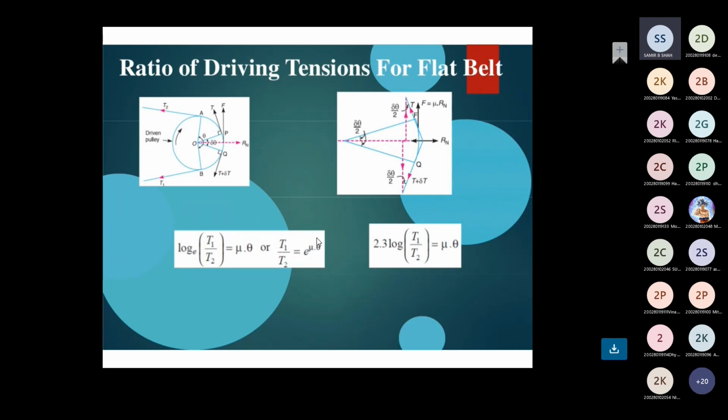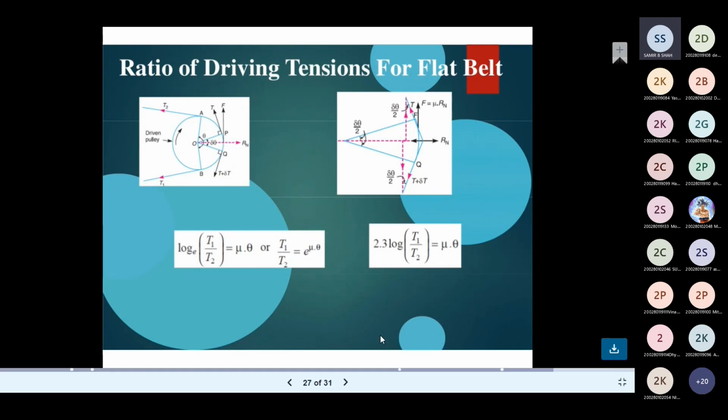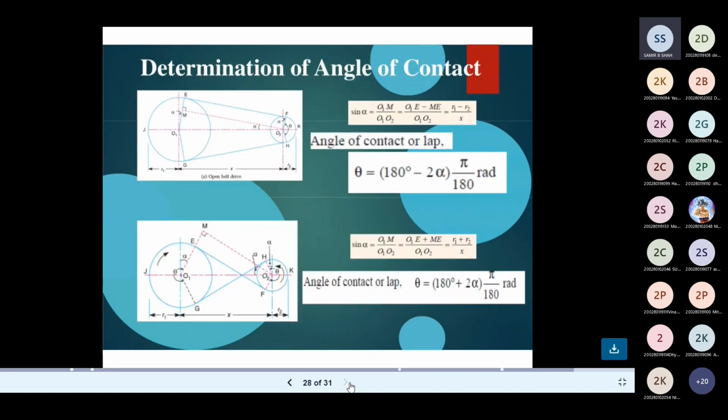Or we can say 2.3 log T1 by T2 is equal to mu theta. This equation is also important from the point of view of examples.